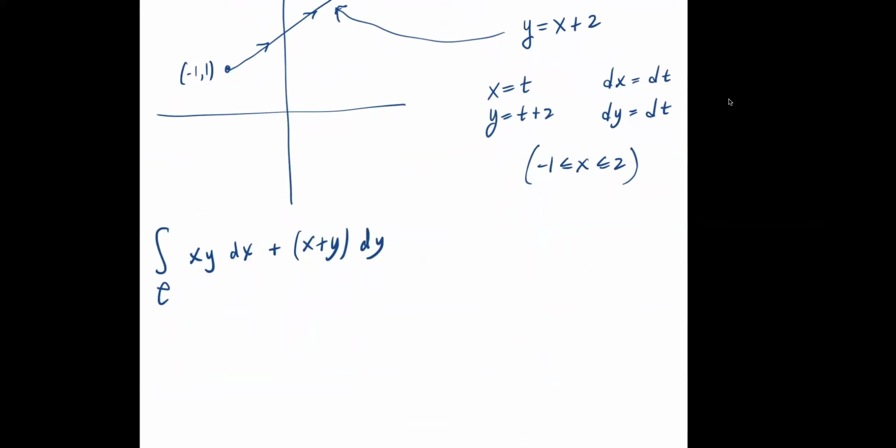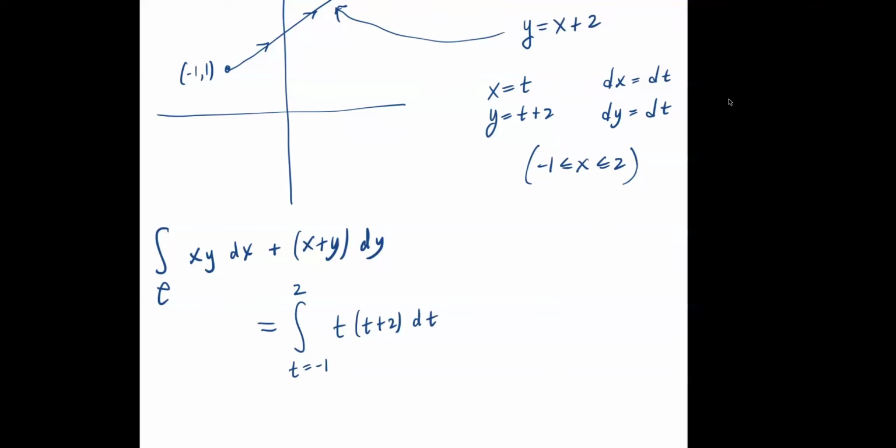And so we can convert that to an integral from t equals -1 to 2. So now we have x times y times dx. Here's x, y, dx. That's t times (t plus 2) dt.